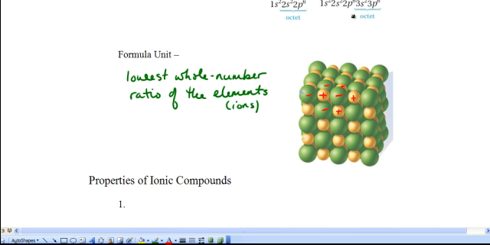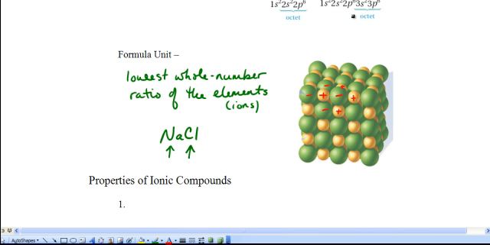So when we say that sodium chloride is NaCl, that means if you take a look at the crystal, for every 1 Na you're going to find just 1 Cl. Alright, and that is the repeating unit, NaCl, NaCl, NaCl, in 3 dimensions.